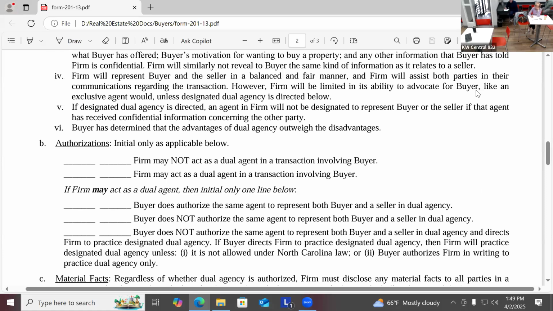We always want to check this one. Firm may act as a dual agent in a transaction involving the buyer, because we might be showing a Keller Williams listing, right? So that's why it's dual agent.